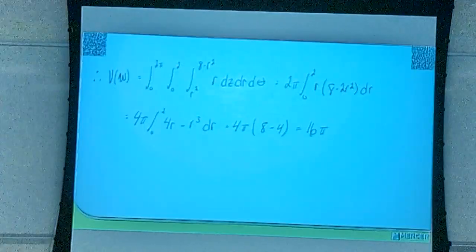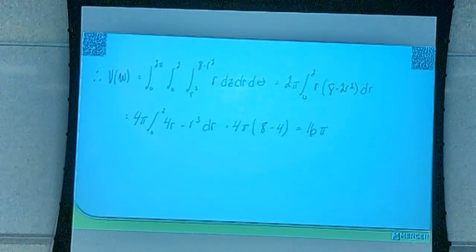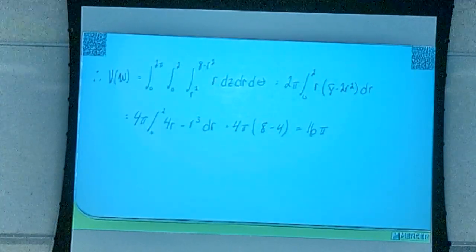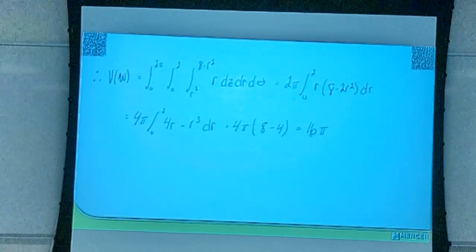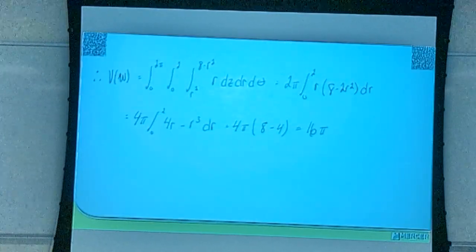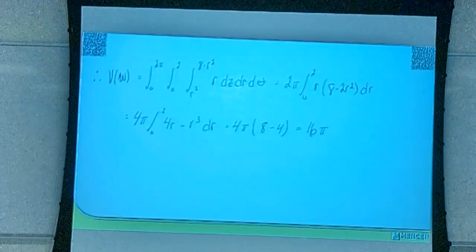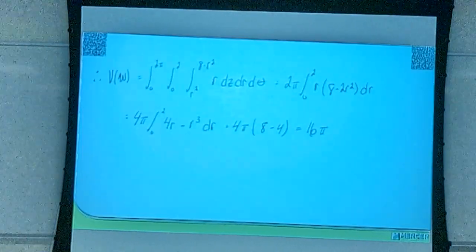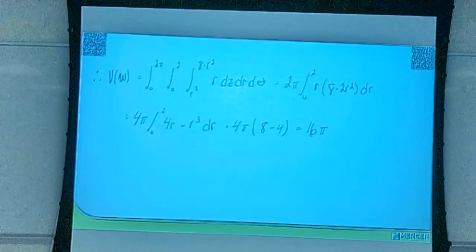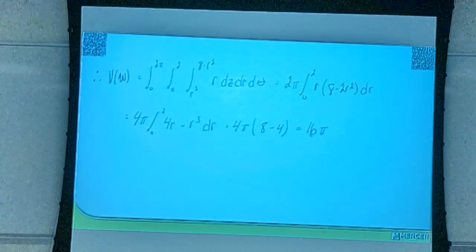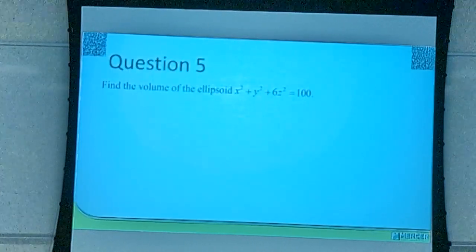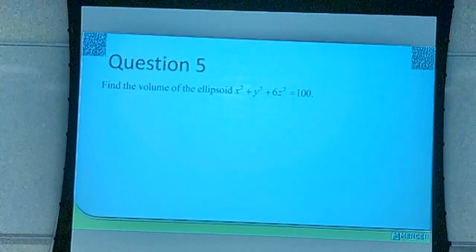So at this point, I have 2 options. I think this one I'm going to do. So we want to find the volume of this ellipsoid.